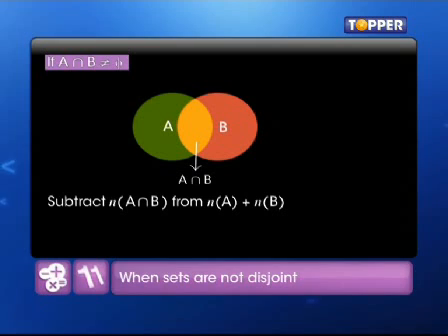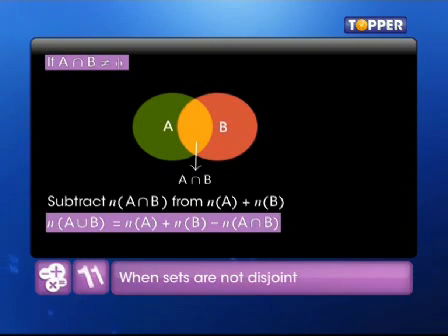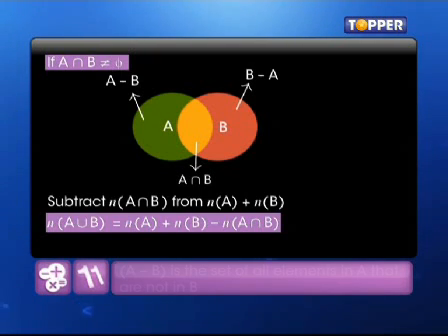We have demonstrated that n of A union B is n of A plus n of B minus n of A intersection B. Now this same expression can be arrived at by counting the number of elements of the difference A minus B, the difference B minus A, and A intersection B. Remember what the difference is?